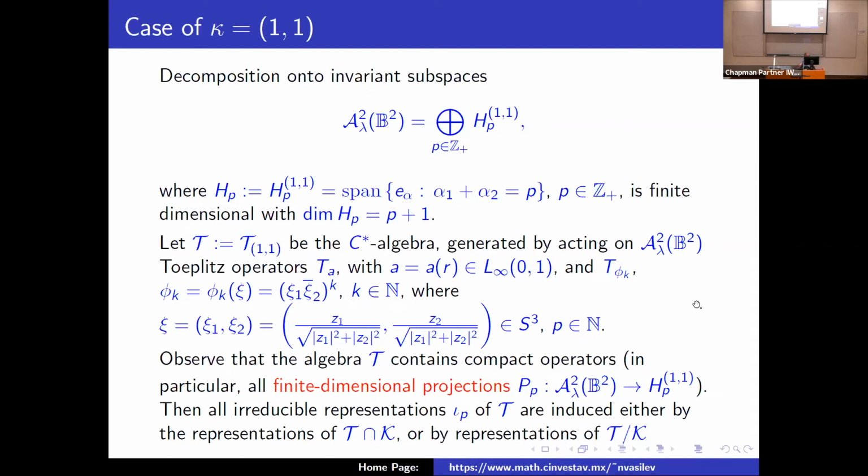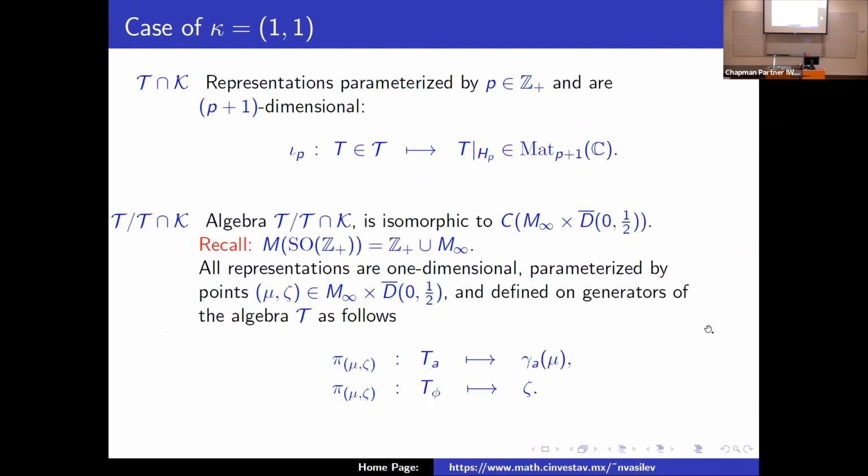Now, all irreducible representations are either representations of the intersection with compact operators or representations of the quotient algebra. The representation for each finite p is just all matrices of size p plus 1 by p plus 1. This is the restriction of the Toeplitz operator onto this finite dimensional space.